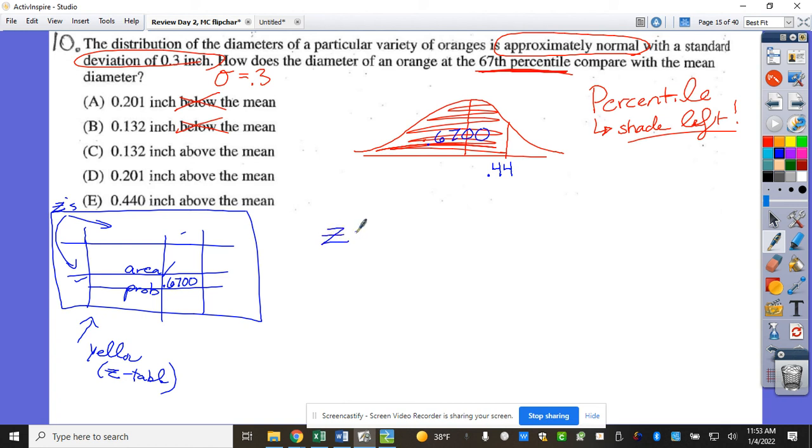What does z actually equal? What's our equation? Our very basic equation. Alright, so we know that our z-score is 0.44. We know our standard deviation is 0.3. But we don't know our x or our x bar.